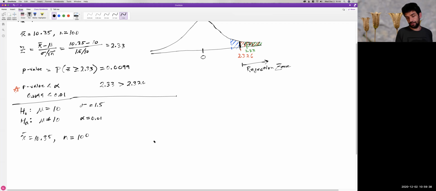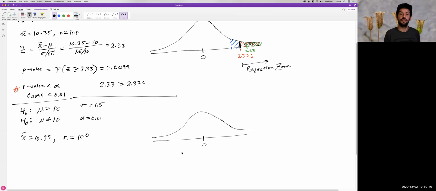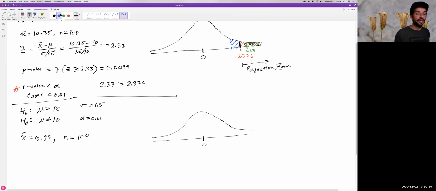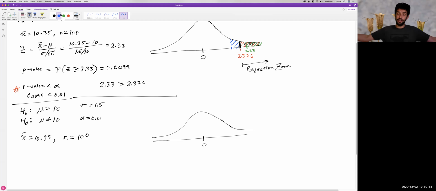So here's our picture this time. Again, trying to draw a standard normal curve. We have a two-tailed test now, because now we're saying it's not equal to 10, but we don't know what direction, so we have to look both directions. So pretend this graph that I've sketched is symmetric. If alpha is 0.01, the confidence level then is the rest of it.